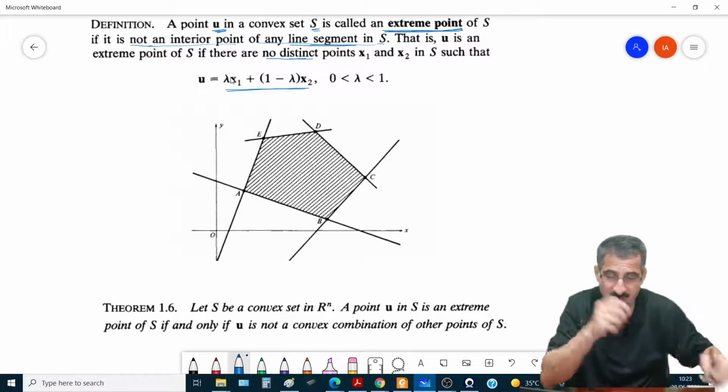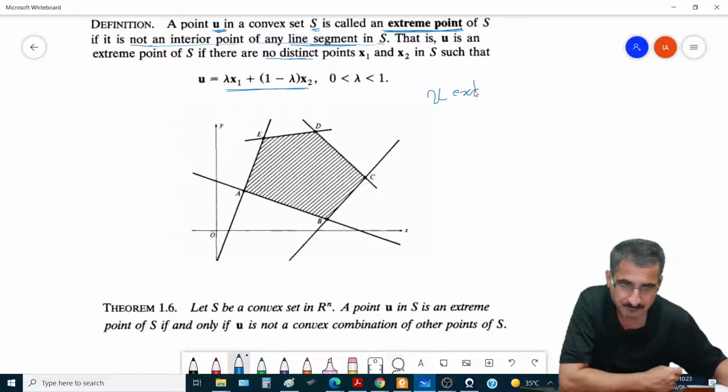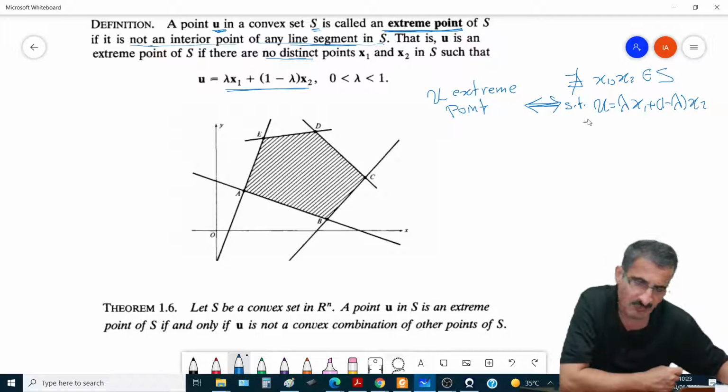Okay, so to prove U is an extreme point, we will do the following. U is an extreme point if and only if, let me write it in mathematical notation, there is no x1, x2 in S such that U equals lambda times x1 plus 1 minus lambda times x2 for any lambda between 0 and 1.